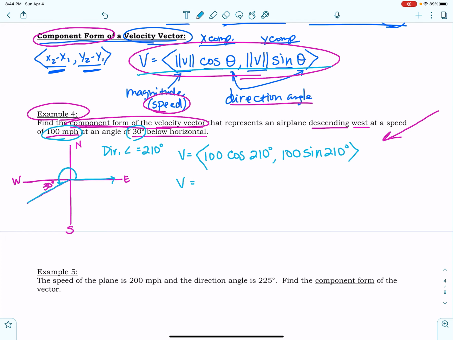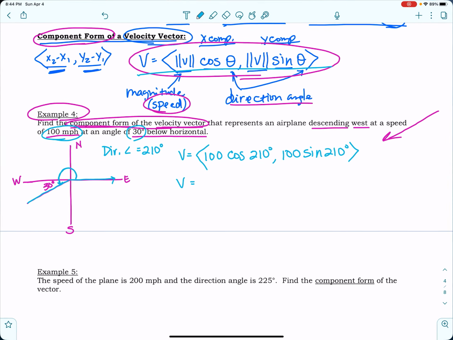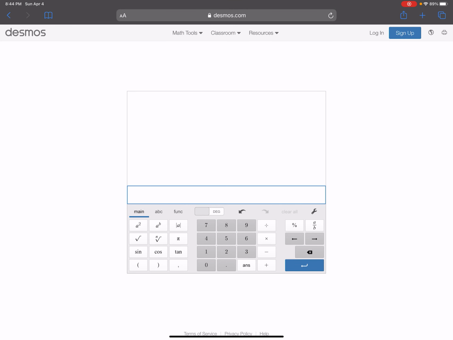So I'm going to go to Desmos. I'm going to type in exactly the value: 100 times the cosine of 210 degrees and 100 times the sine of 210 degrees.